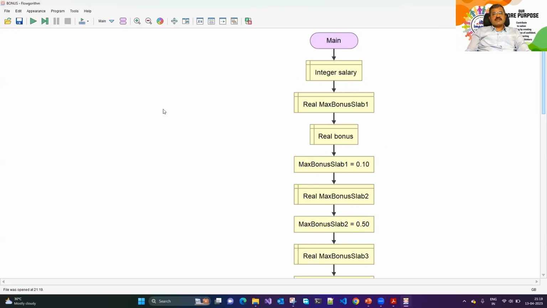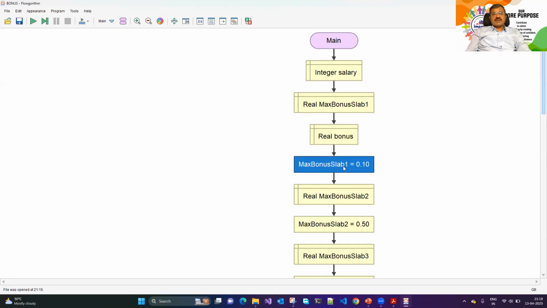Team has submitted this, 1 or 3? 3. Salary, max bonus slab 1, real bonus. Max bonus slab 1 is 10%. Slab 2 is 50%. These were not the slabs, actually, this was the rate.